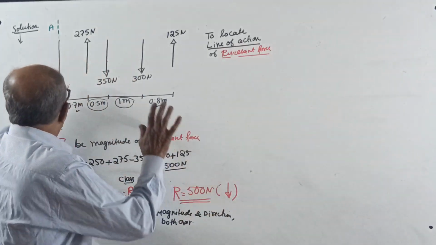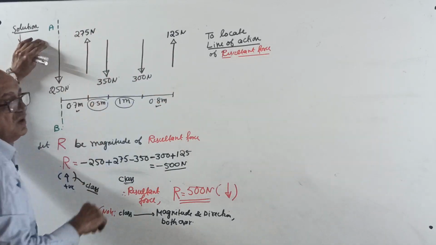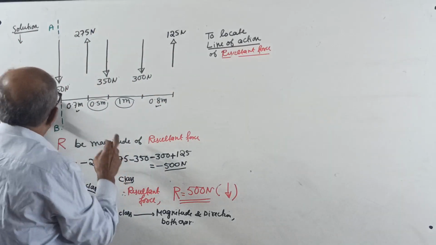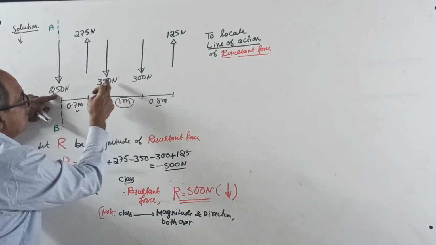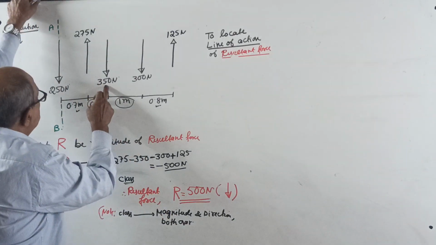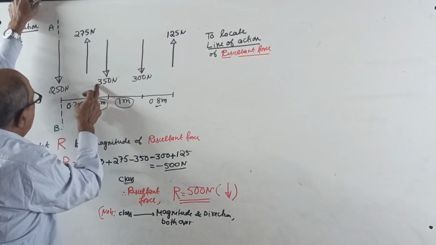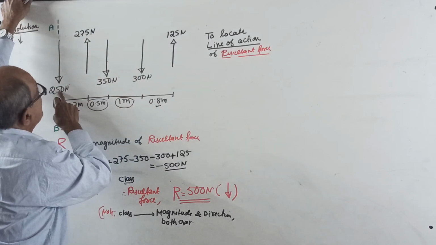Now, some are down, some are up. If you observe, 250, 350 and 300, these three together are 900.